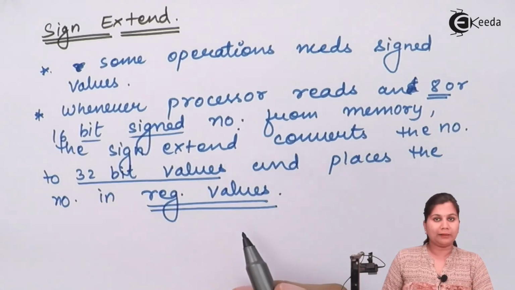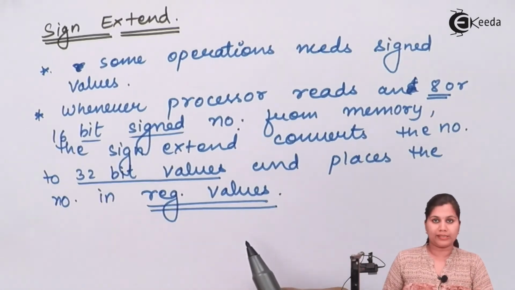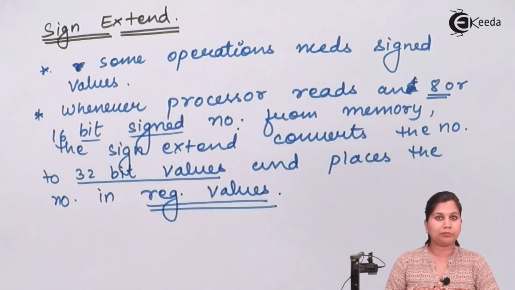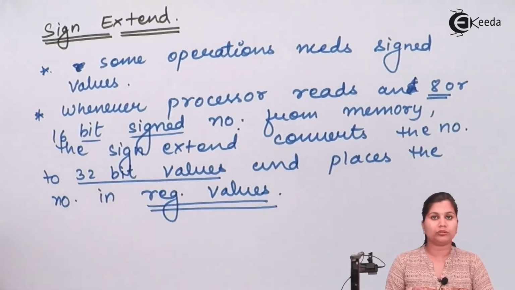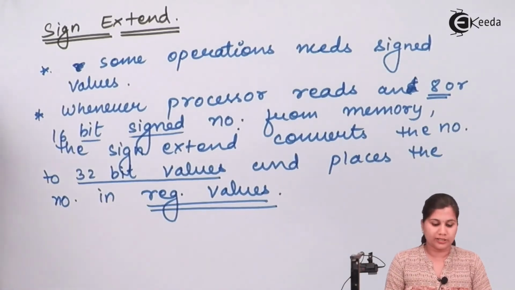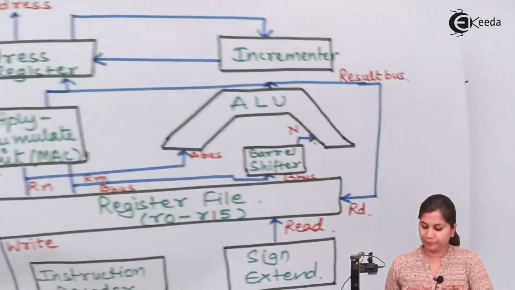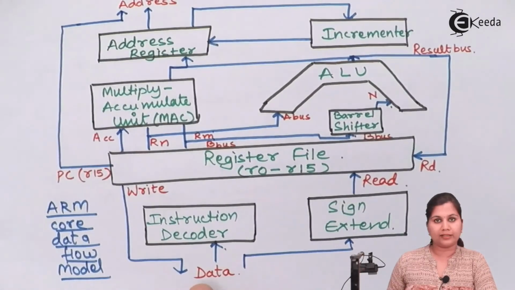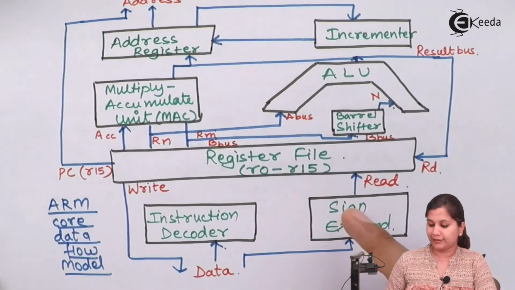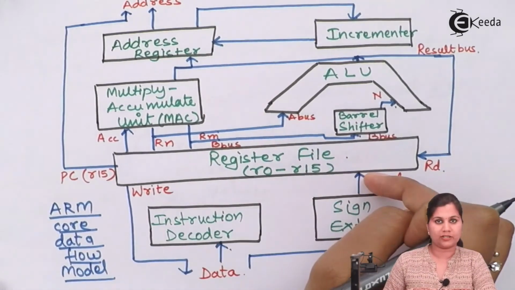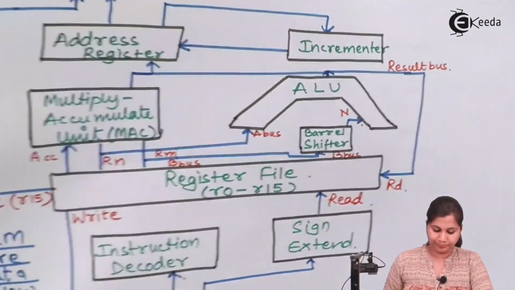So whenever an 8-bit or 16-bit signed number is encountered by the processor, the processor converts that number into a 32-bit value and then stores that value into the registers. So you can see here data is present, data of an 8-bit or 16-bit signed number, that is extended and then stored into the register file. Okay.